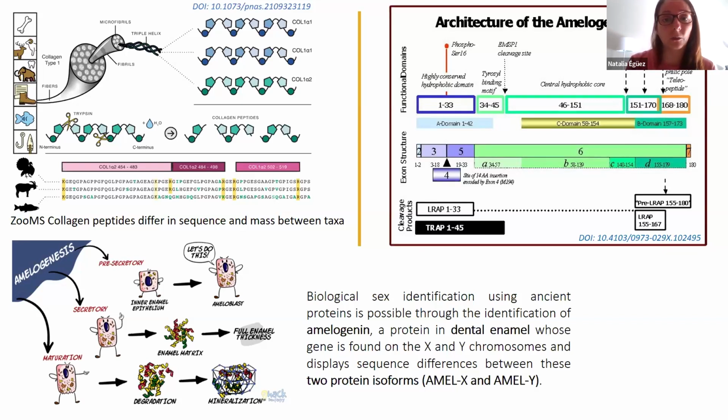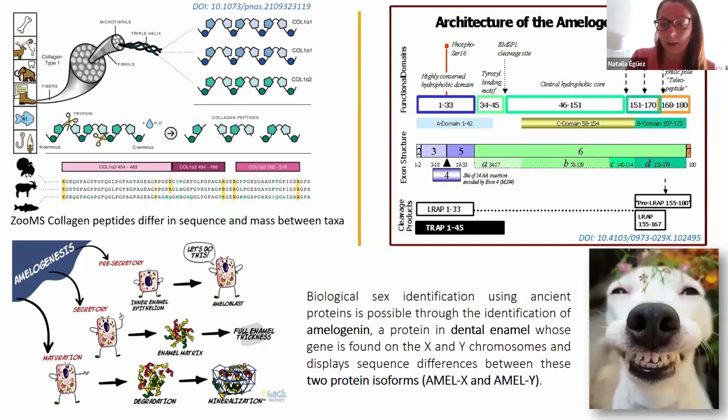In archaeology, it has been used for the past 5 years on human remains, but now we are starting to apply it to animals. So it's been very funny now. Every time I look at an animal, I just look at their teeth, and I just want to sample the enamel to have more reference material.